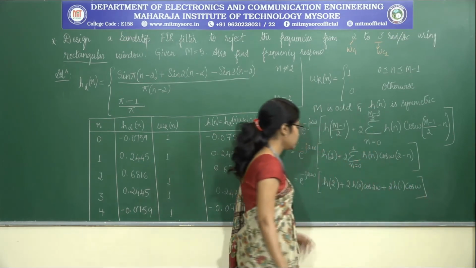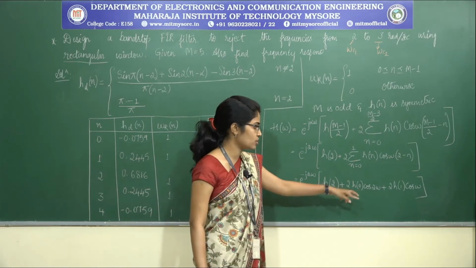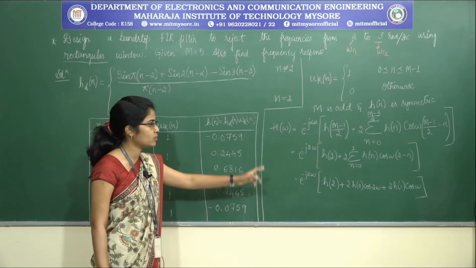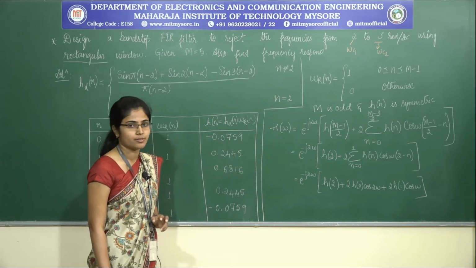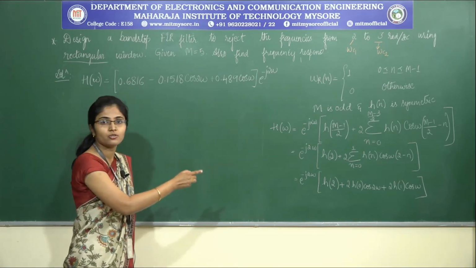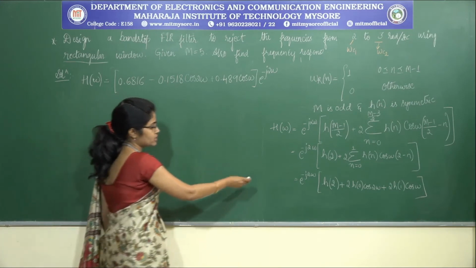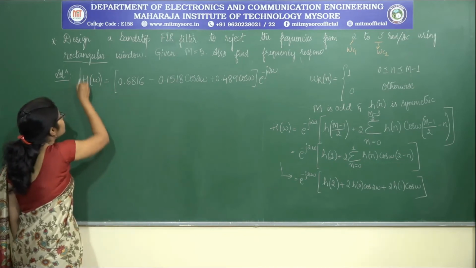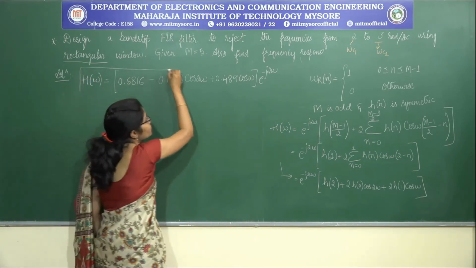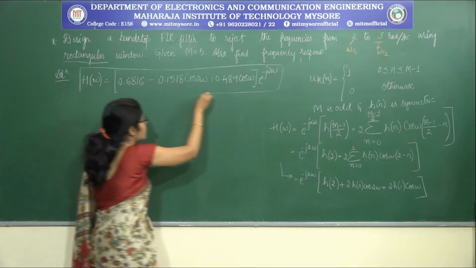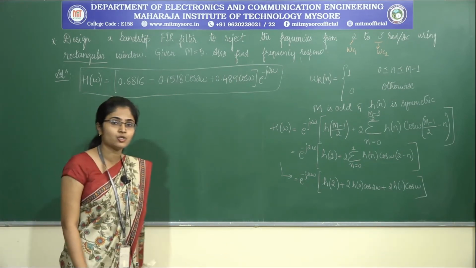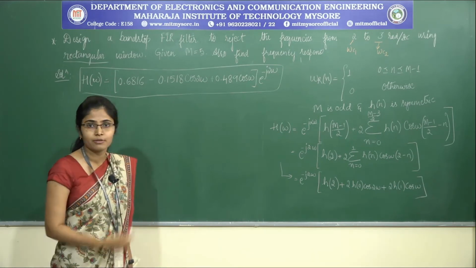Now what I should do is substitute the values of h of 0, h of 1 and h of 2, which we obtained from this table, in this equation to find the frequency response. This is the standard equation, the frequency response, which we will get for the given question. So this is how we can solve or design a band stop FIR filter from the given data.